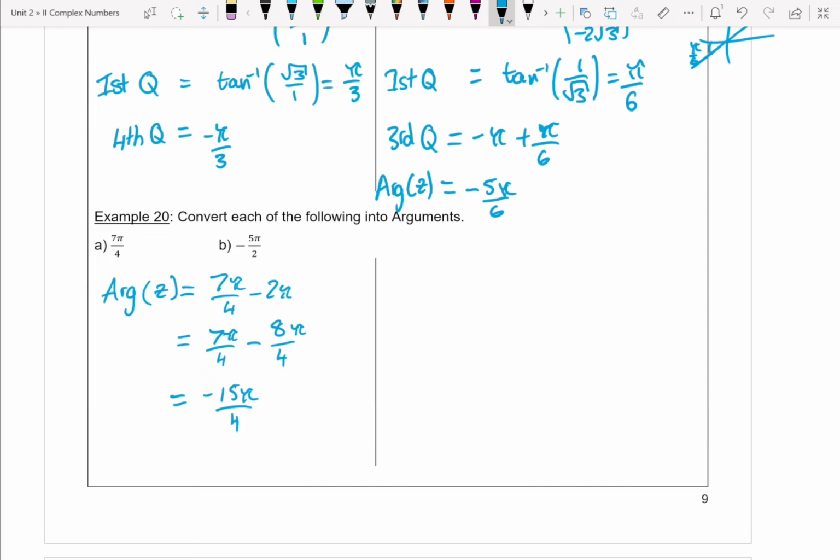Sorry, 7 minus 8 would give us negative 1. So this will be negative pi on 4, which makes sense because we want it to be between negative pi and pi. So that's our capital A Arg of z for A.